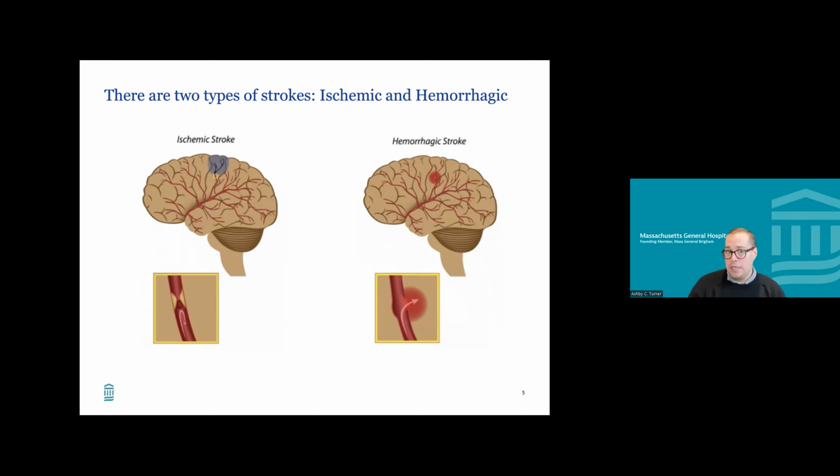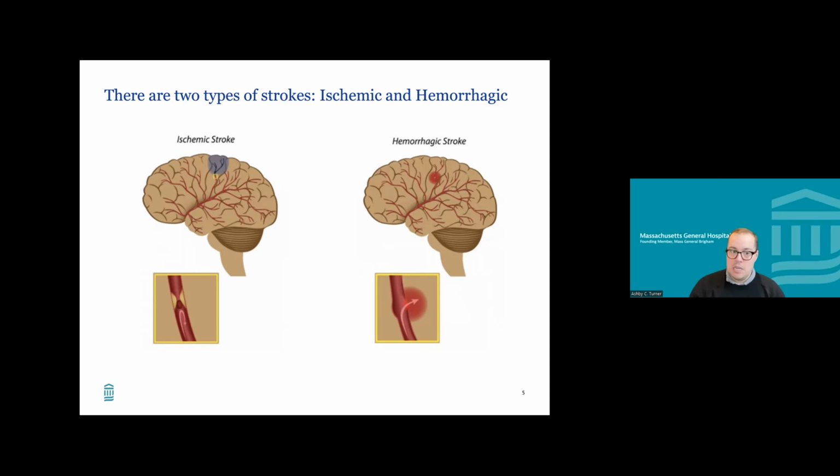And clinically, it's very difficult to distinguish which type of stroke a patient is having at the onset of symptoms, because they can be identical. We'll get more into what those symptoms could be. But because it could be either the clot or the bleeding variety, getting to the hospital quickly is so important, so that we can get the imaging, the CAT scan, that can tell us if it is a bleed or not.